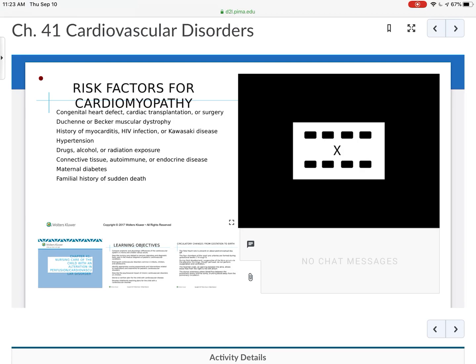And sometimes we see kids who have muscular dystrophy, especially Duchenne's, if they've had any type of surgery, high blood pressure, drugs, alcohol, maternal diabetes, lots of risk factors for cardiomyopathy. And then when they progress to cardiomyopathy, they're going to have to be on more medications, and they're going to have a harder time maintaining their cardiac output.